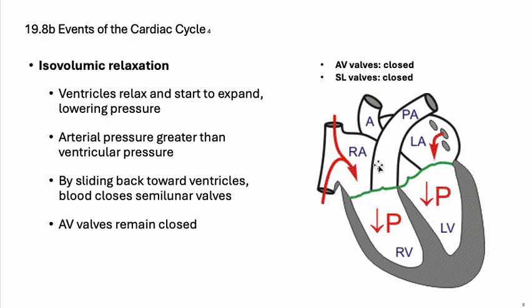Once the pressure in the atria increases greater than ventricular pressure, the AV valves open, and we're back to where we started: atrial relaxation and ventricular filling. These valves remain closed until the pressure in the atria becomes greater than the pressure in the ventricles. Both sets of valves are closed.